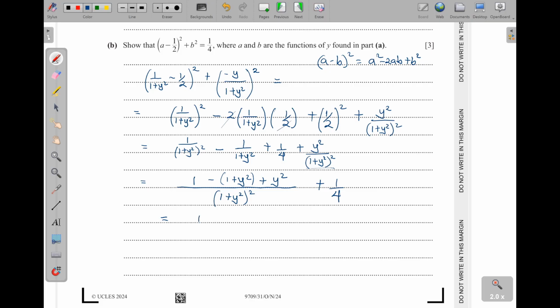So when I open, it will be 1 minus y squared, then plus y squared, out of 1 plus y squared, then plus this a quarter. So do you see that this one will cancel with this? Then 1 minus 1 also goes. So we have a 0 here. That means we remain with a quarter, which they told us to prove.